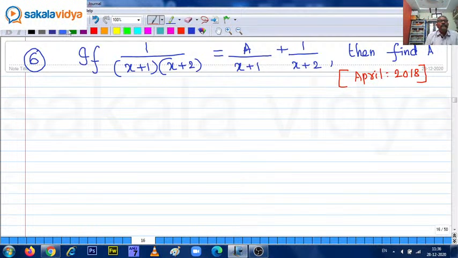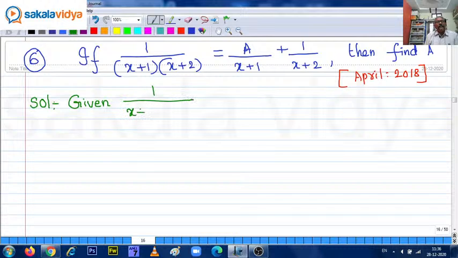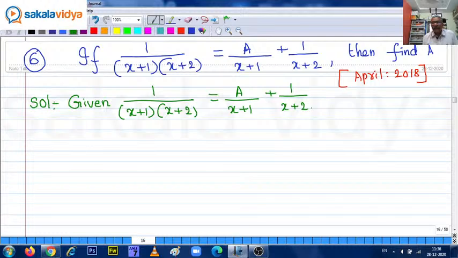Now the solution. Let us move to the solution now. So now given 1 upon (x plus 1) times (x plus 2) equals to a upon (x plus 1) plus 1 upon (x plus 2). Right.